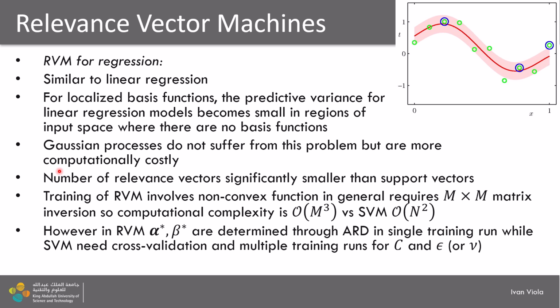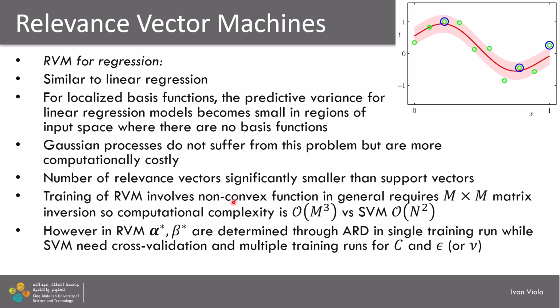So generally we can say that the number of relevance vectors is significantly smaller, even an order of magnitude smaller, than the number of support vectors. However, training of relevance vector machines involves a non-convex function.